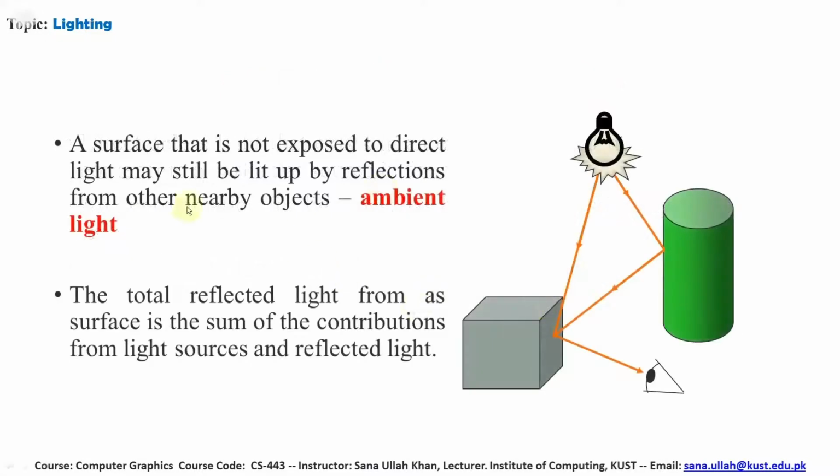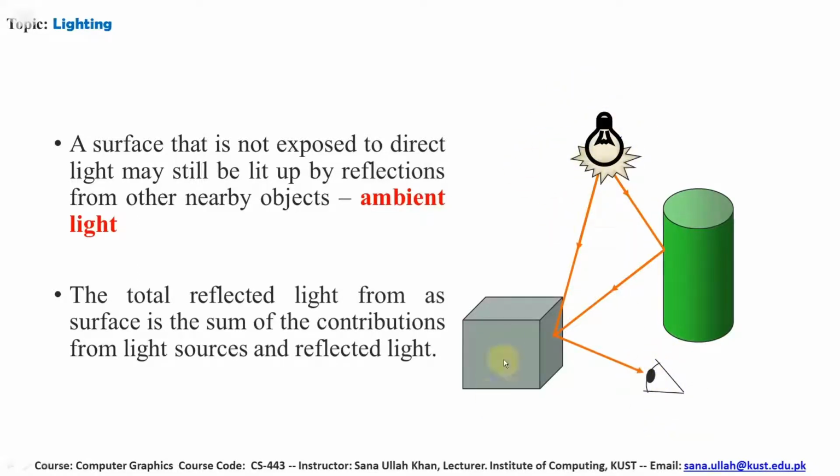This is the example. Here, a surface that is not exposed to direct light may still be lit up by reflections from other nearby objects, which is called ambient light. So the total reflected light from a surface is the sum of the contributions from the light source and the reflected light. So this is an object, this is another object, this is the source of light, and this is the viewer.